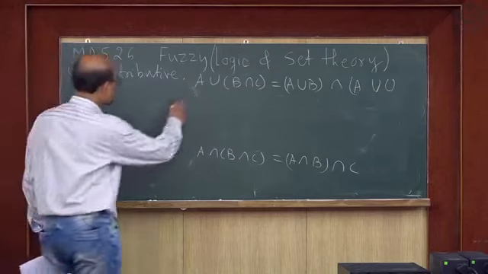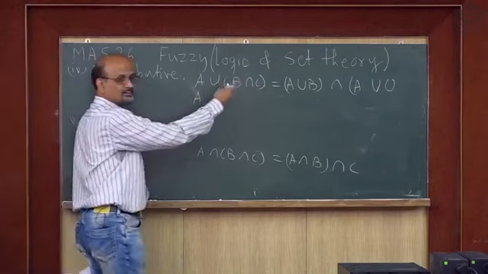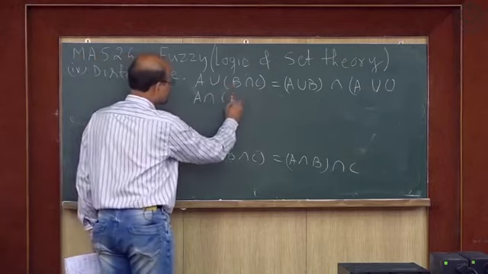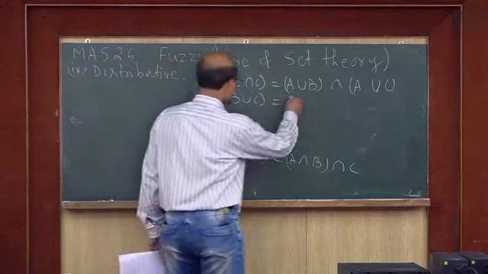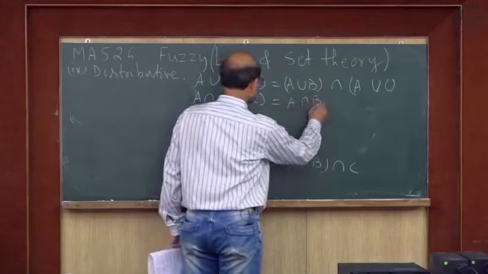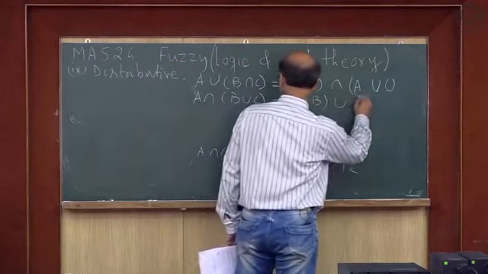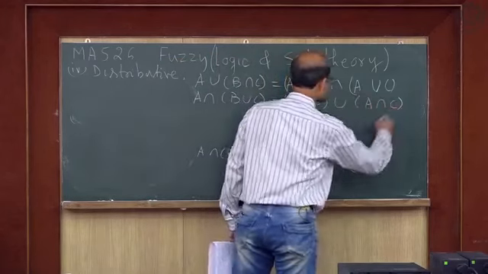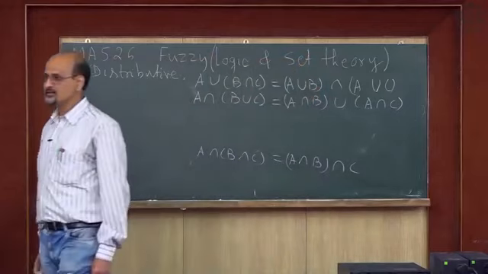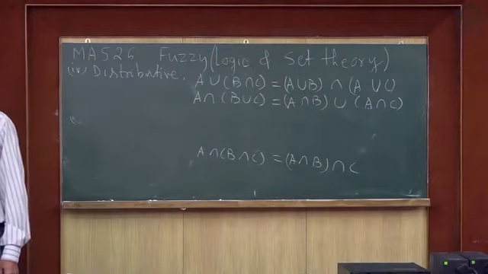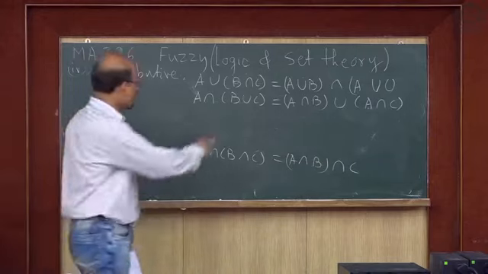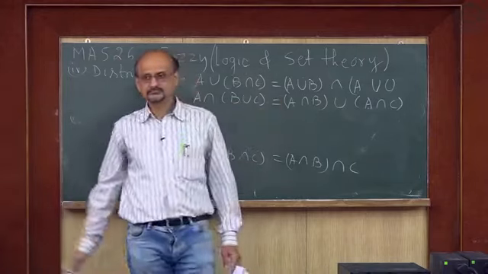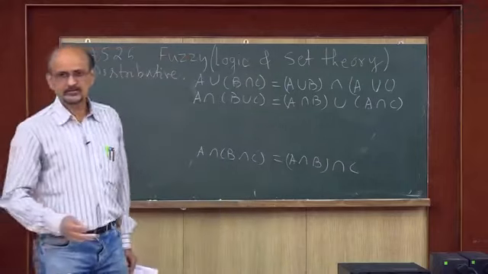Similarly, I can interchange union and intersection: A intersection (B union C) is equal to (A intersection B) union (A intersection C). Am I correct? You will see these properties are not valid in fuzzy sets. This equality will not hold. We will see afterwards.